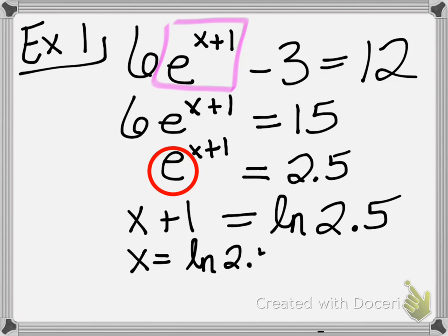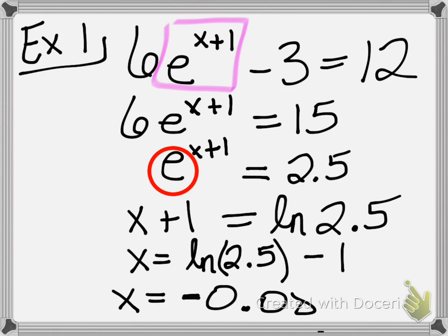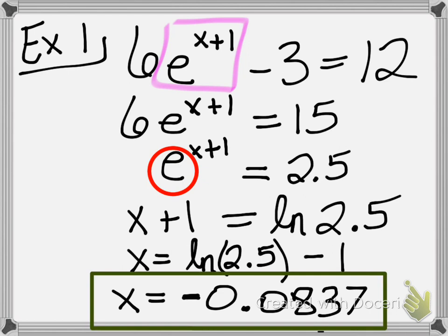Then we will subtract 1 from whatever our natural log is. Don't forget the parentheses around the 2.5. Type that in your calculator and check your answer. Should be negative 0.0837. Remember to round to 3 sig figs.